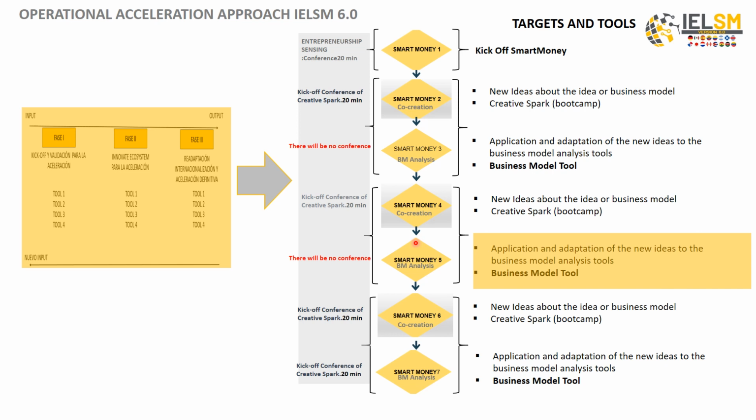On this occasion, for Smart Money number 5, we don't have a conference, and we work directly together with this business model, and the goal is to analyze the business model with all the information we have.